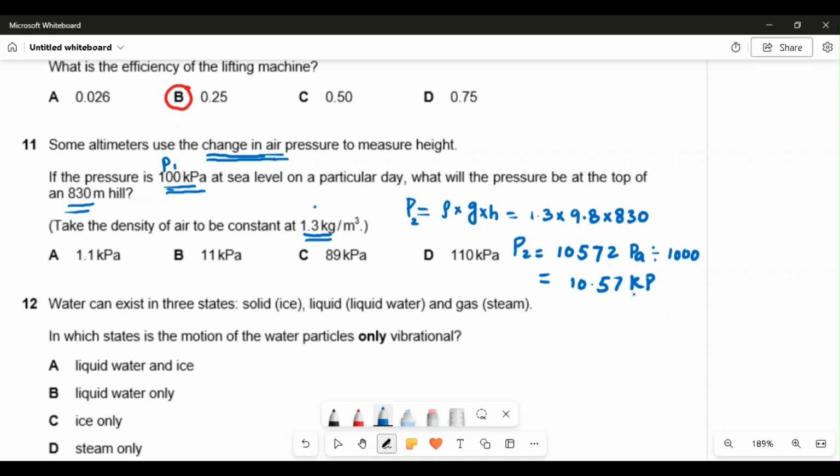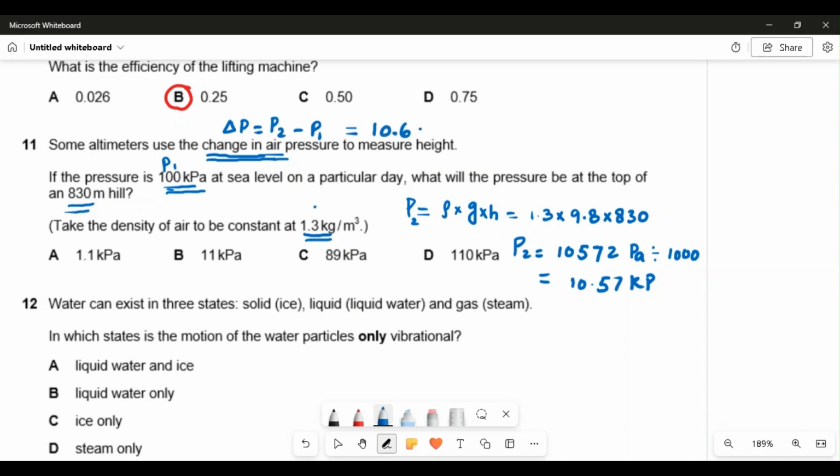So this height is obtained by the change in pressure, and we know that change in pressure is usually calculated by final pressure minus initial pressure.